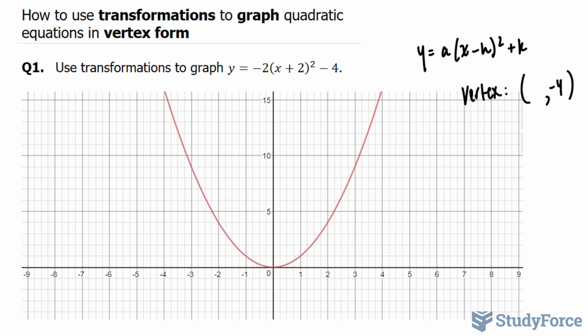The next one is h, and you can quickly jump to a conclusion that your h is positive 2. But you'll notice that your equation and the template for vertex form is slightly off. In the template version, the h has a negative in front of it. Ours does not. So we have to change ours so that it has a negative in front of the number. How do we change a positive into a negative?